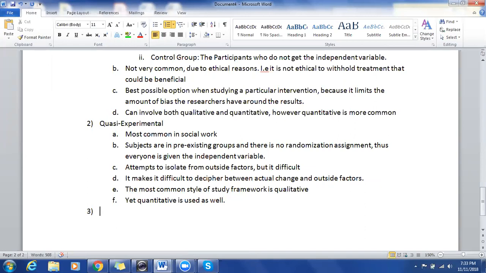So the third is non-experimental / single subject. It goes by both names, and that's because the person is their own type of control on this.